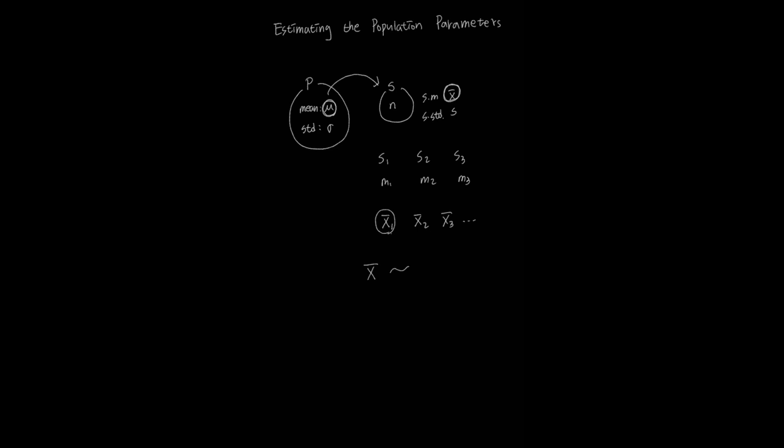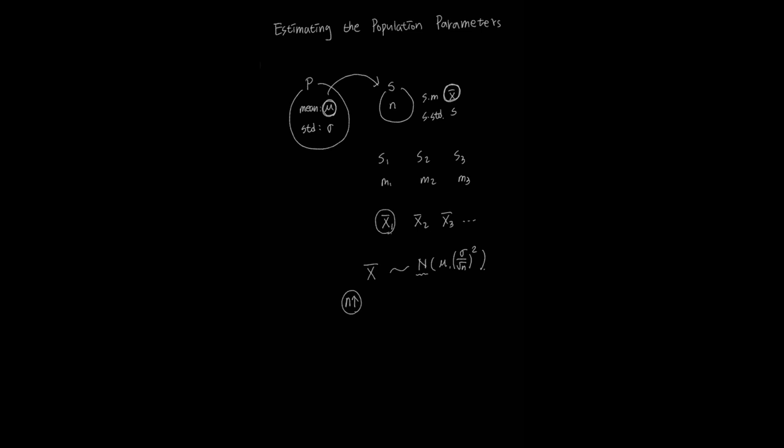Theoretically, we can demonstrate that when n, the sample size, gets large enough, and we're going to demonstrate it later, the distribution of the sample mean becomes a normal distribution, and the parameters of the distribution would be mu and standard deviation divided by root n.